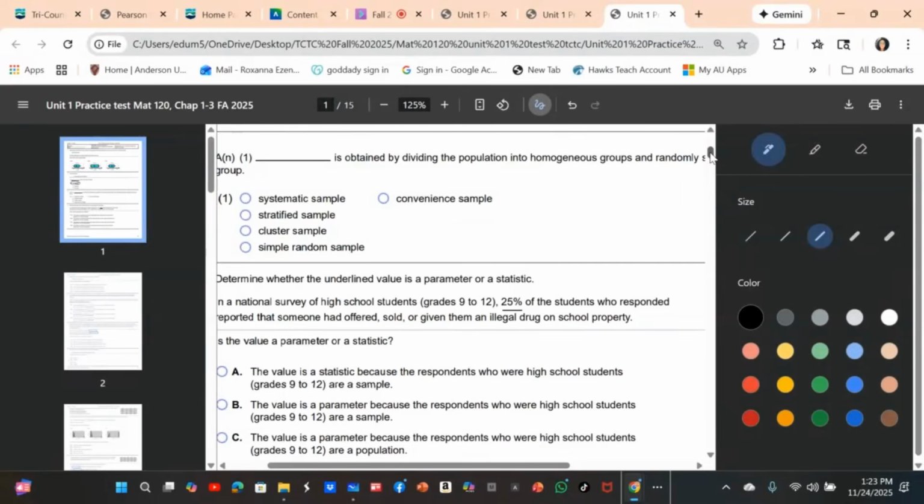Even when I do stratified sampling and put them in strata, I can still do a simple random sample from the small sample that I get. So SRS must always be used. You can use it in combination with any sampling method.